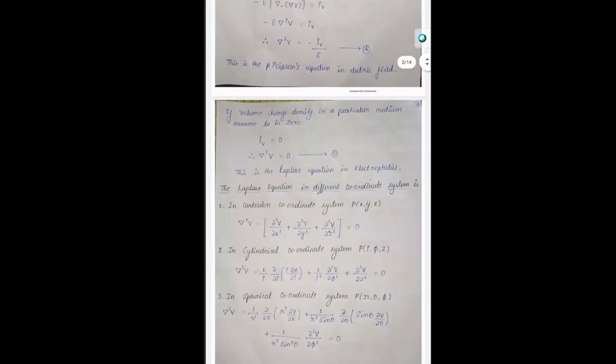And from this equation we can derive the Laplace equation, that is in a region if volume charge density rho V is 0, equation 4 will result in del square V is equal to 0. This is called Laplace equation in electrostatics.